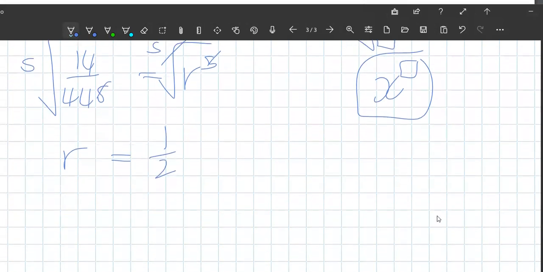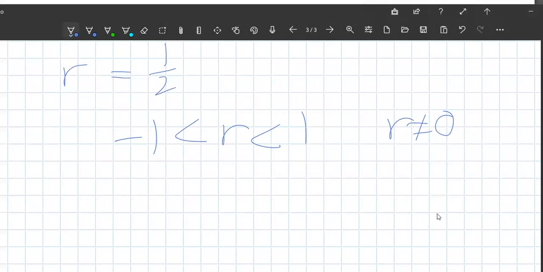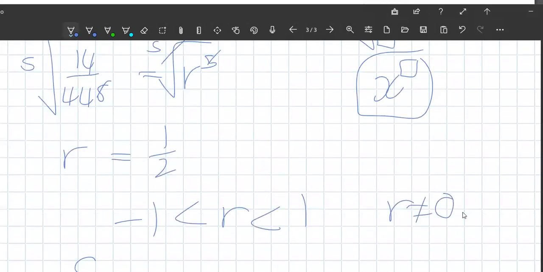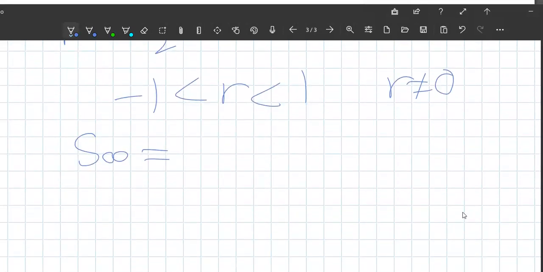Right, so the requirement of the sum to infinity is that your R must be a fraction, so between -1 and 1, and not equal to 0. So we've met the requirements. So all we have to do is take our sum to infinity. We know that our A value was 448, and we know that our R value is a half.